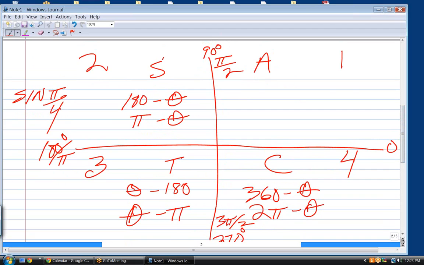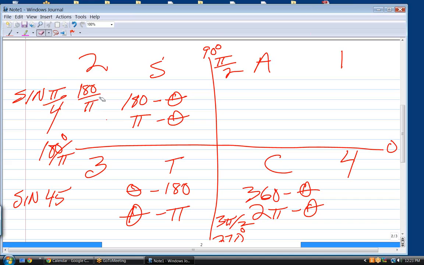So pi over 4, do you know what angle that is? Is that 45 degrees? In other words, we're going to multiply it by 180 over pi to convert it. 180 divided by 4 is 45 degrees.